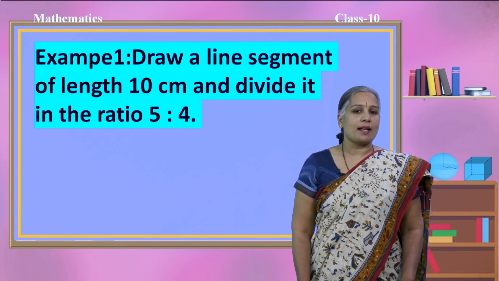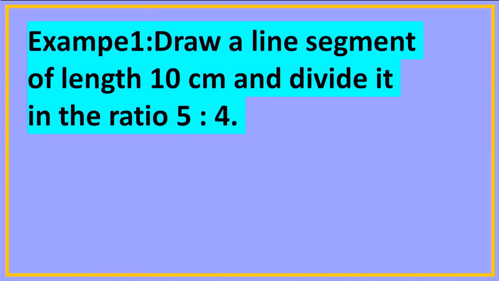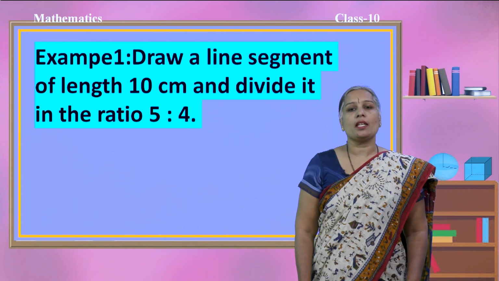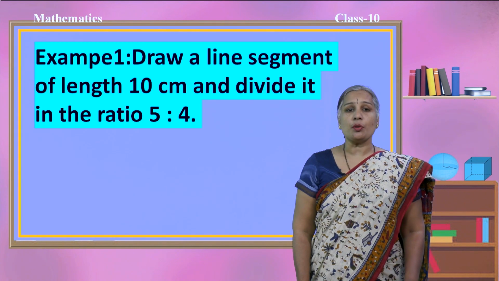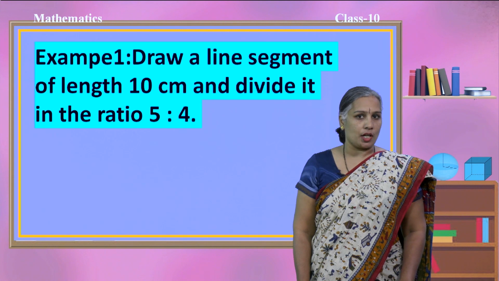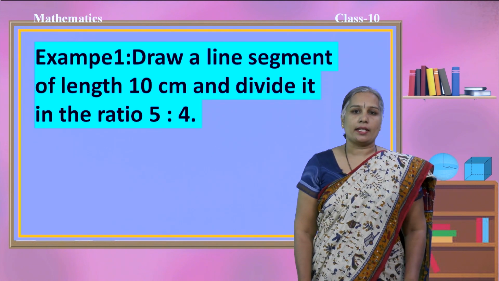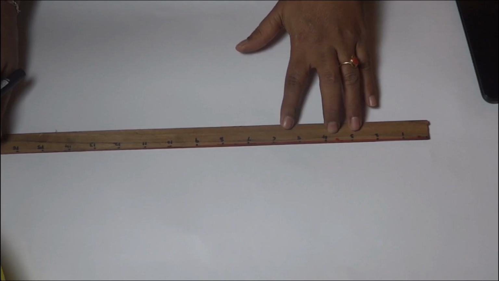Draw a line segment of length 10 cm and divide it in the ratio 5:4. It means we have been given a line segment of 10 cm and we have to divide this line segment in the ratio 5:4. Let us see how to do this.